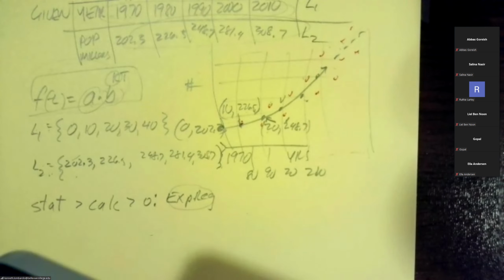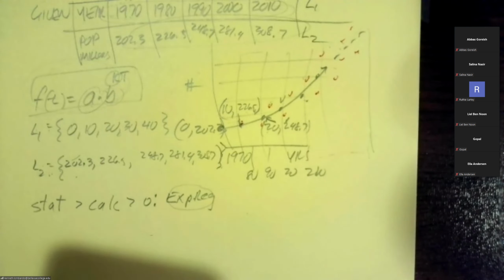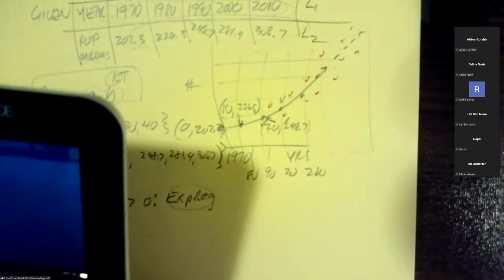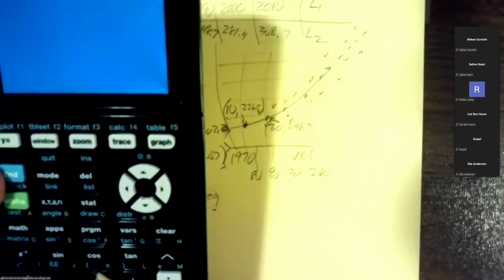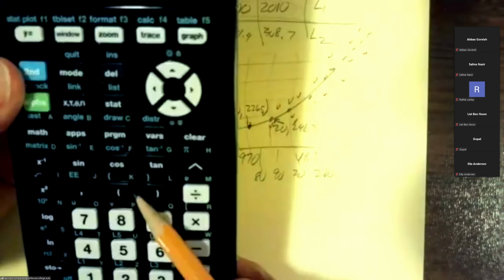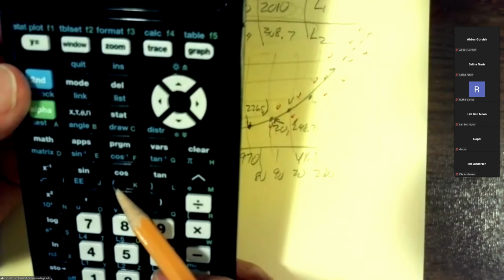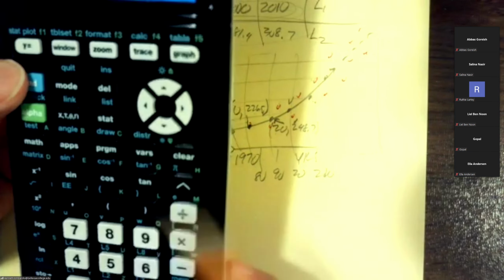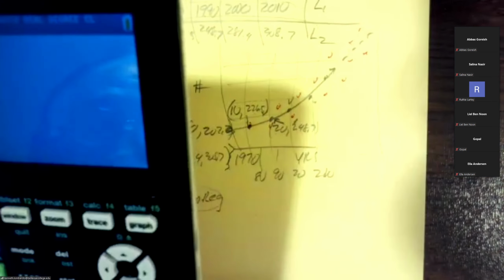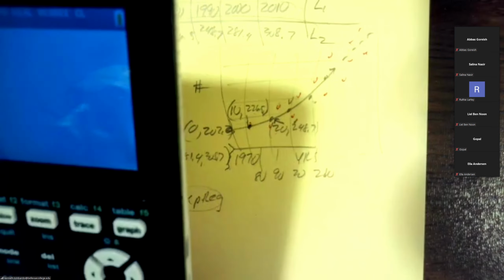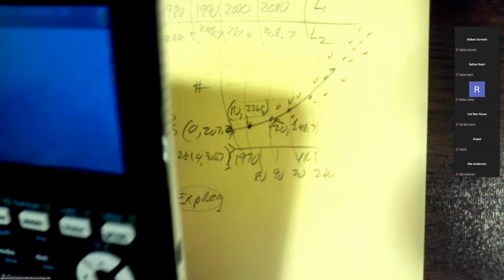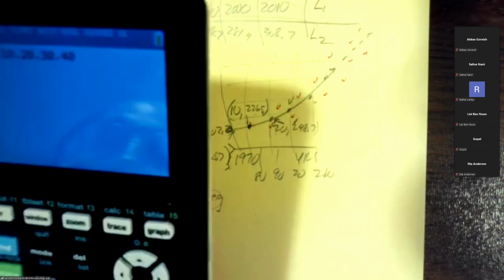So I'm going to bring out my calculator here, clear it off, and make sure my list 1 is ready. I'll go to my calculator, and here is the brace I'm looking for. It's above the left paren, so I'll hit second on that brace. And I'm going to put in 0, comma, 10, comma, 20, 30, 40.